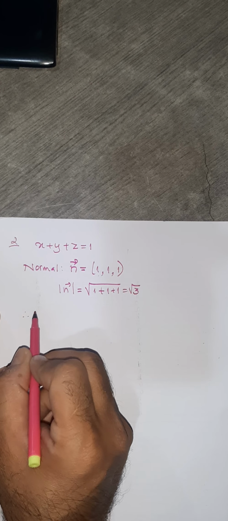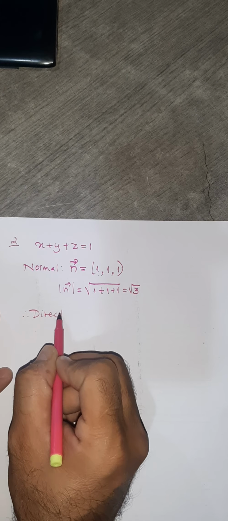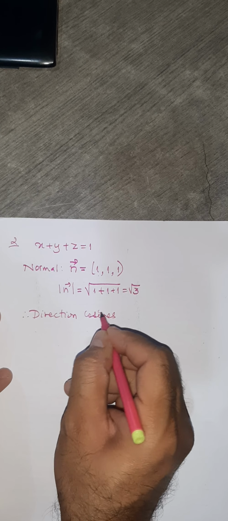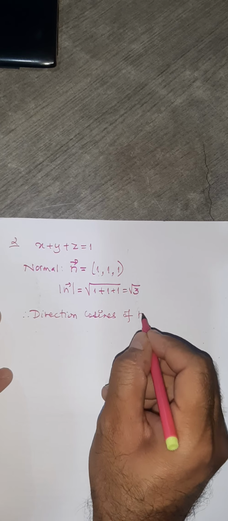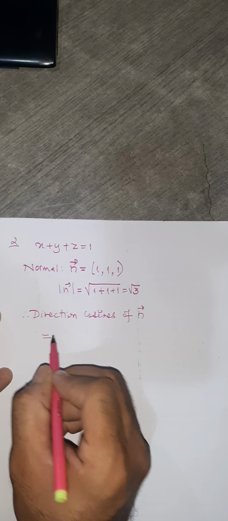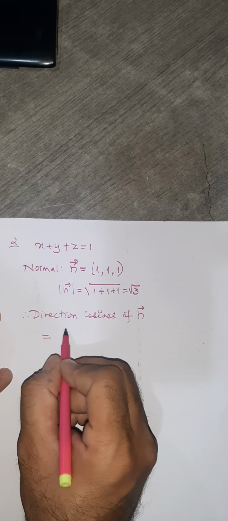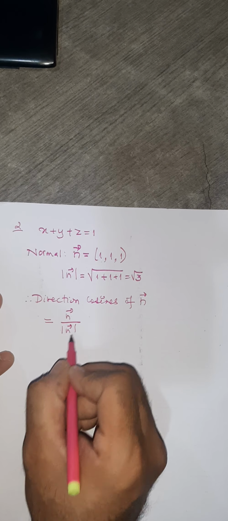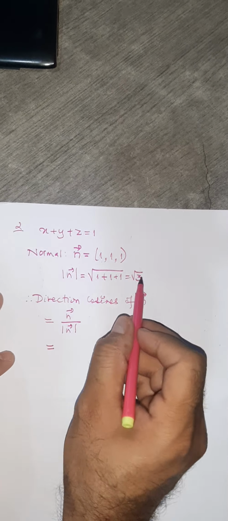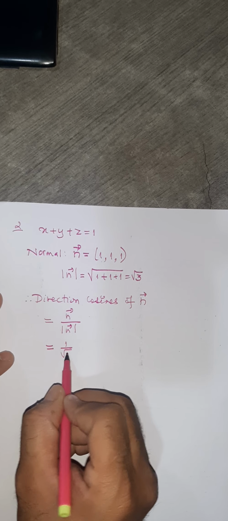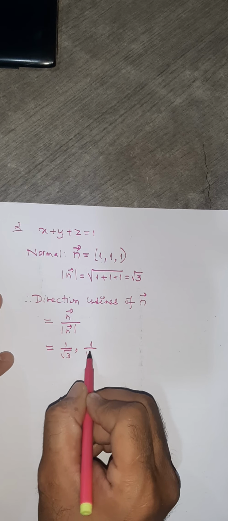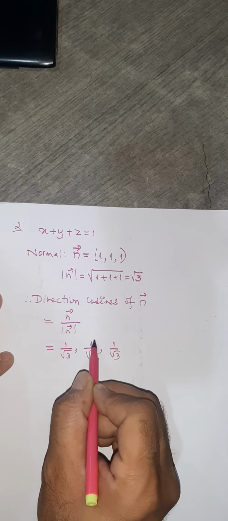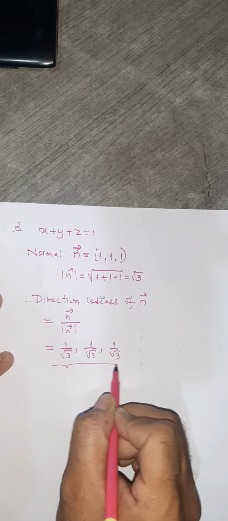So therefore, the direction cosines of the normal n, by definition vector upon its magnitude, are 1 by root 3, 1 by root 3, 1 by root 3. This is cos alpha, cos beta, and cos gamma.